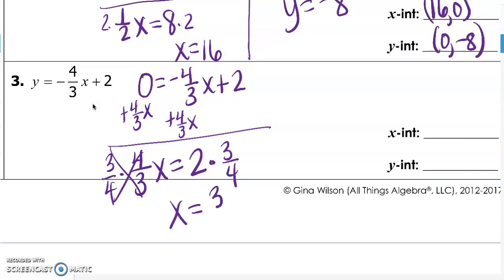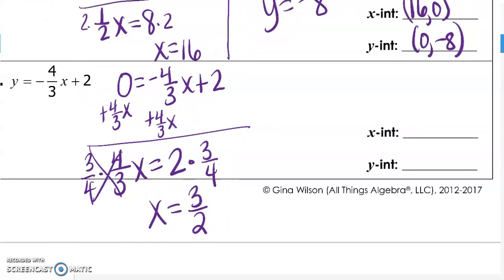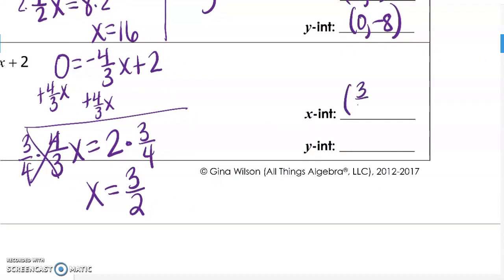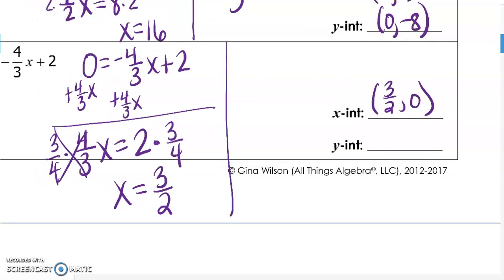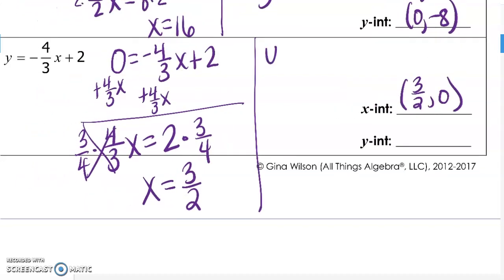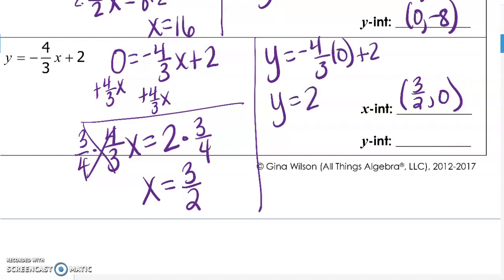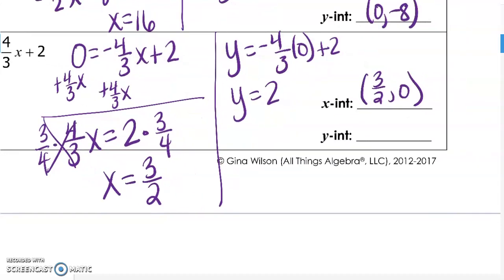So we would have 3/2. So our ordered pair is 3/2, 0. For the y-intercept, again, maybe you can just look and see. Otherwise, -4/3 times 0 plus 2 gives us just 2. So 0, 2 would be your ordered pair for those.